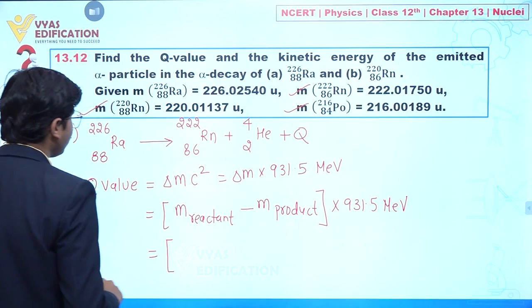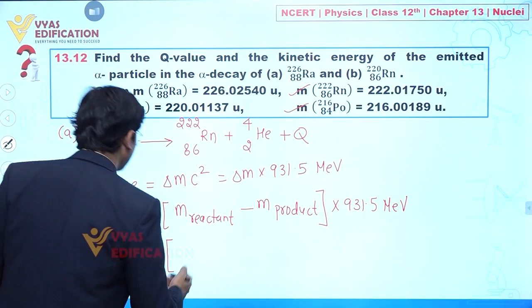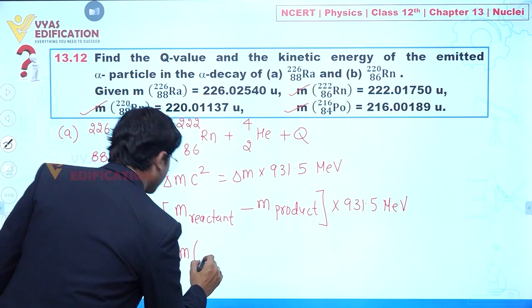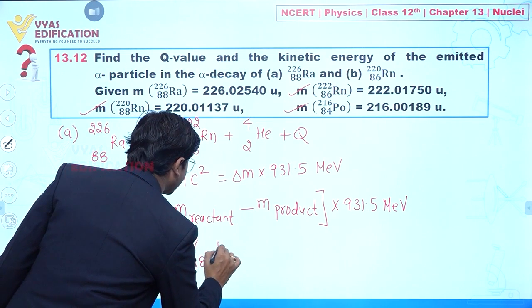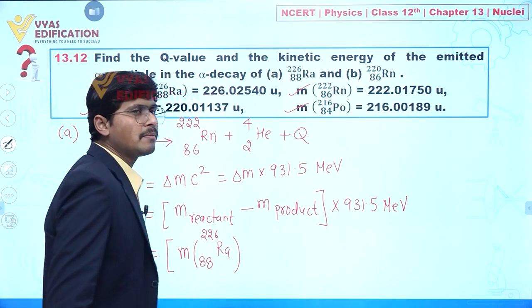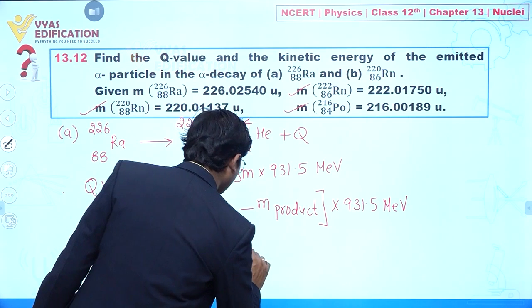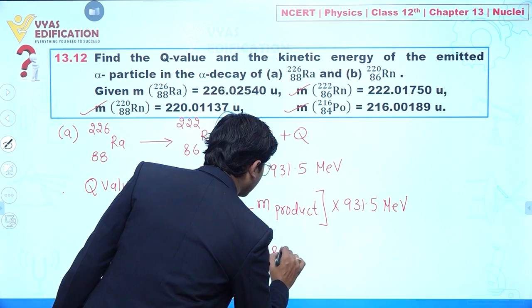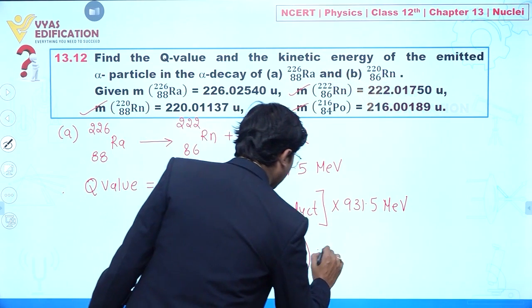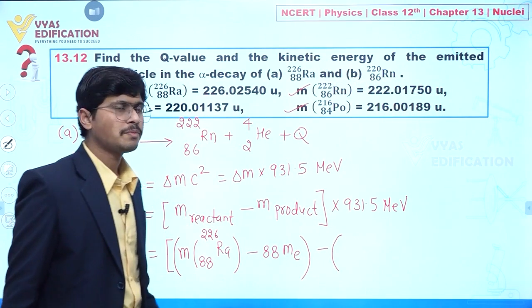Clear? So directly we can write like this: the mass of reactant is m of 88 radium 226. Now we have an equal number of protons and electrons, so directly we can write this is 88 mass of electron. Clear? Then we have minus, and what about the mass of product? Clear?